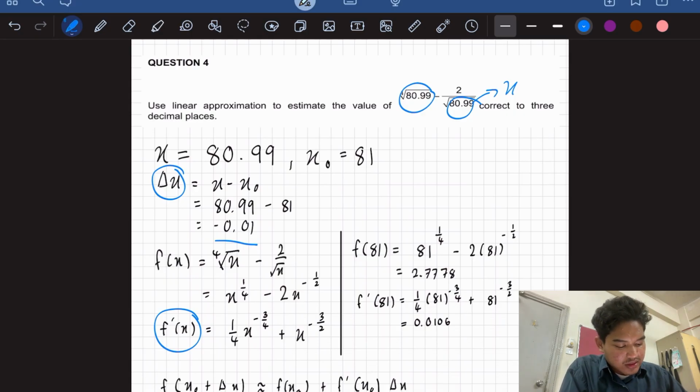Then we must substitute the x with the x naught value that we found earlier. So we will substitute the x, and we will get 2.7778. After that, we substitute x naught in the derivative of f(x), and we will get 0.0106.